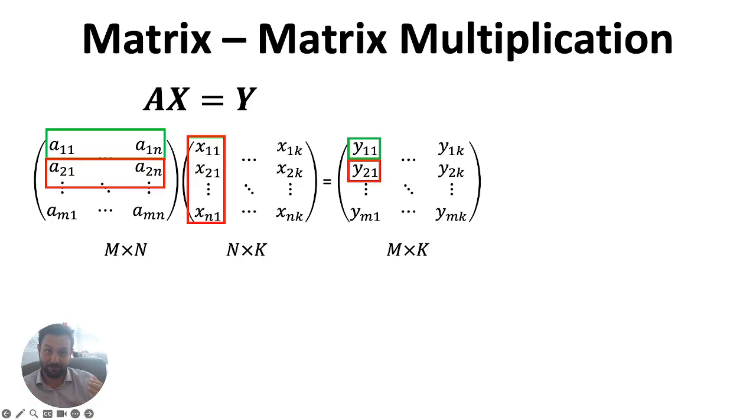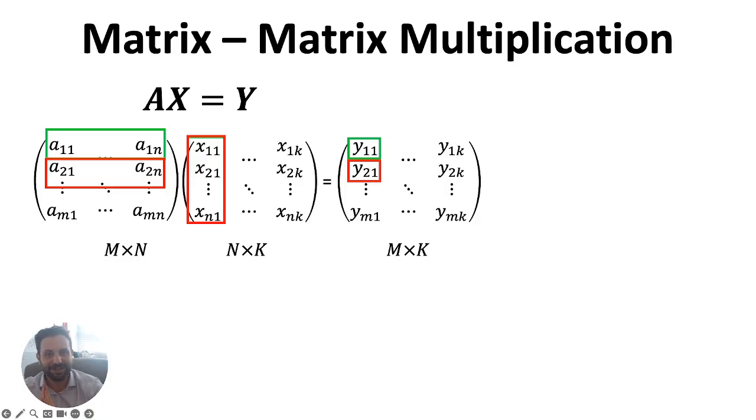The number of columns of the first matrix, which is going to represent your horizontal pens or row vectors, and every column of the second matrix, which are going to be your vertically located pens or column vectors, they have to match the dimensionality. And in order for this inner product to happen, the number of rows in matrix A have to match the number of columns.